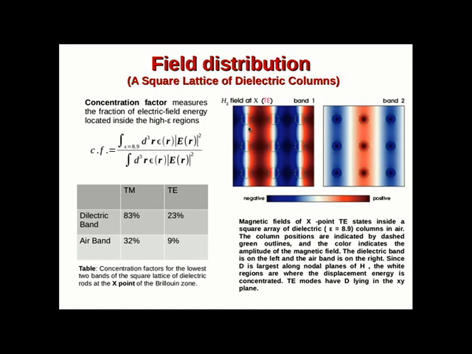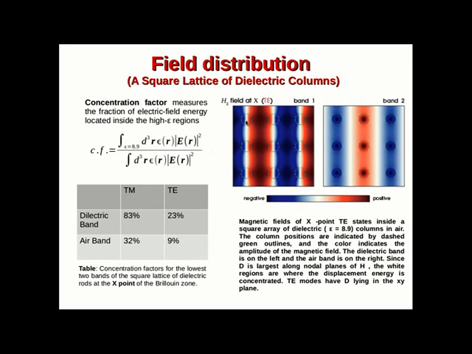These values have been obtained from this formula. In this formula, the denominator represents the energy density in the entire unit cell, and the numerator represents the energy density in the high dielectric region.